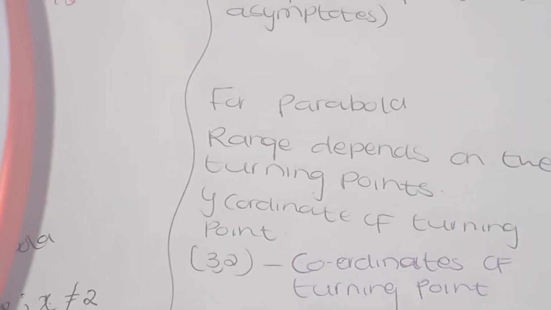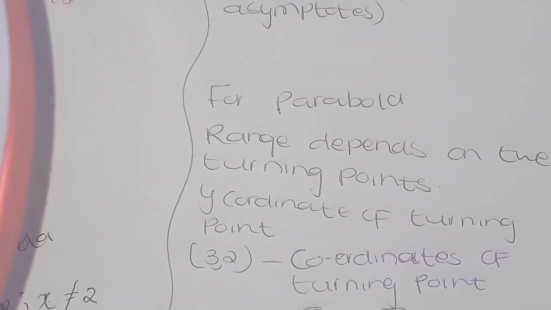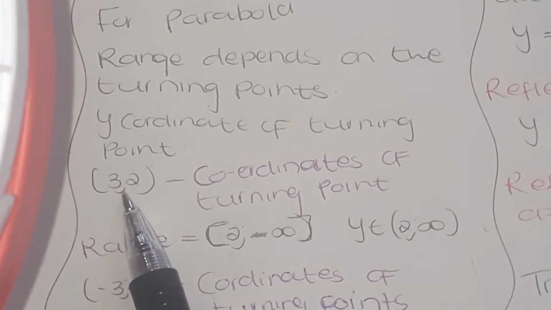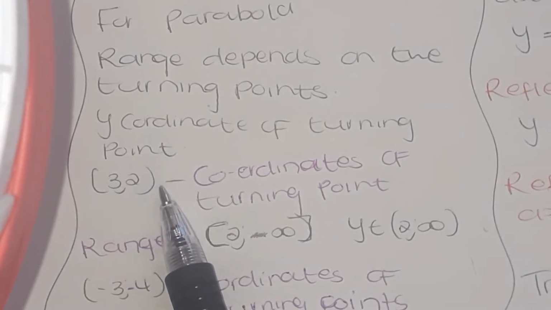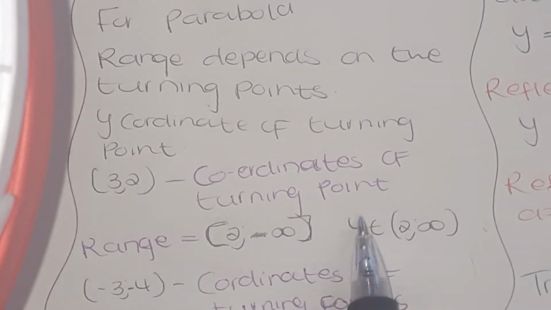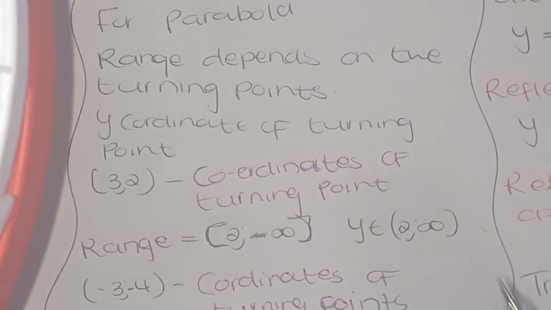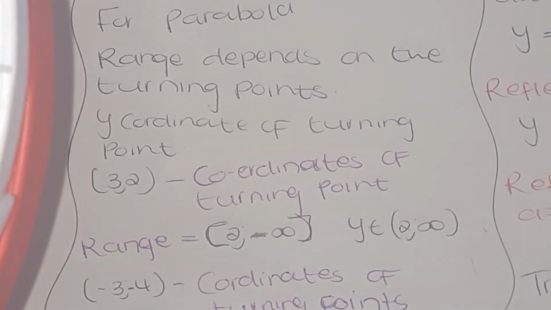Now for a parabola, remember, we need turning points. So when you get that your turning point is 3 and 2, for range, we're going to say y is an element of a real number from +2 to infinity. If it's -2, we'll write -2 there. So that is just how you write your range.